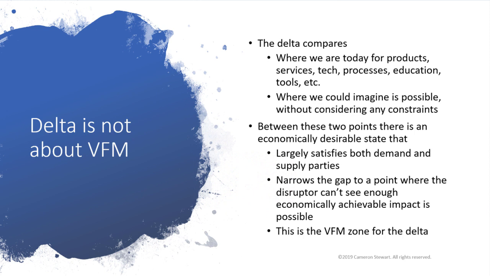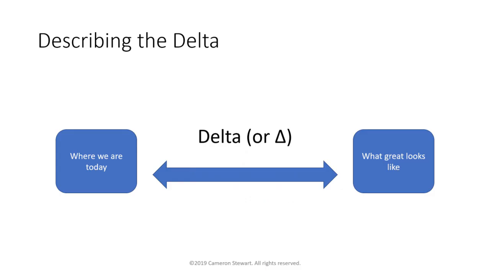So now we've got a series of graphics which illustrate this. We'll start by describing the delta. The delta is where we are today for any process, any education, technology, tool, product, service. The difference between something that we do or that we have and what a great version of that looks like.